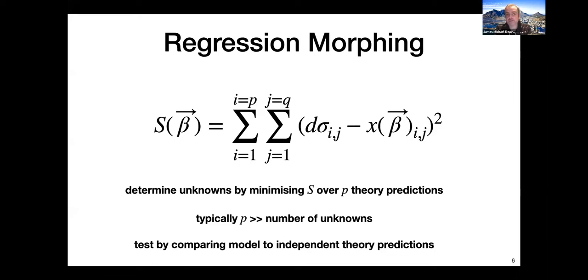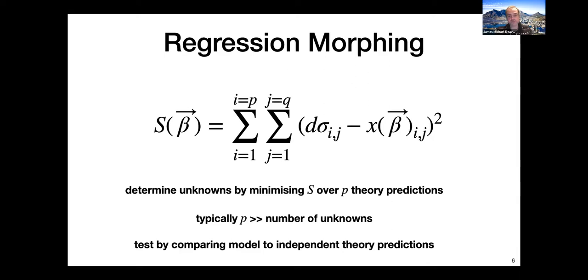It simply minimizes the sum of squared differences between the theory predictions that you might pull out of, these days, most likely MadGraph and some SMEFT model, and a bunch of predictions of your parametric model. And so if you sum across all bins and all predictions, you get this squared sum, which of course should be minimal if you have the correct values for the unknowns.